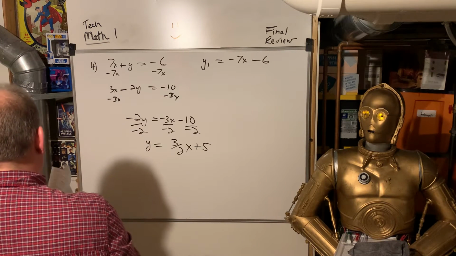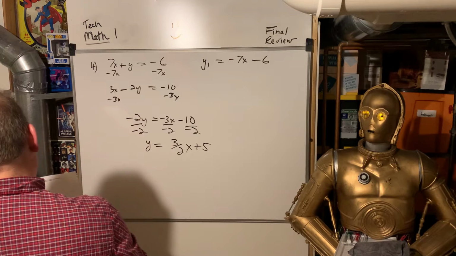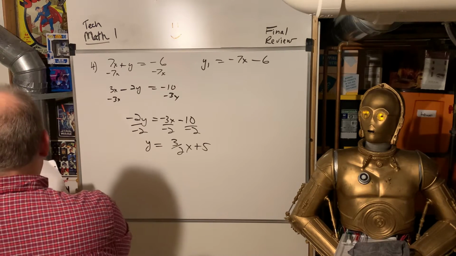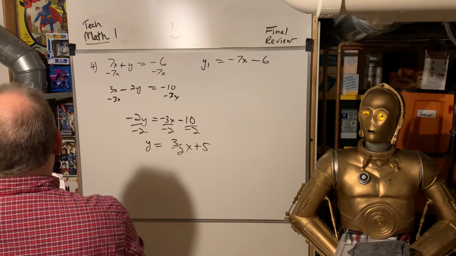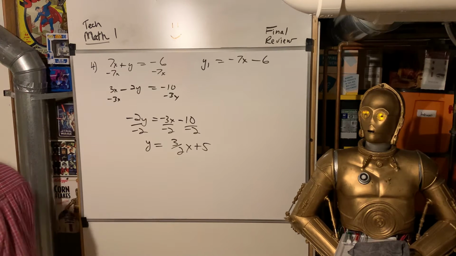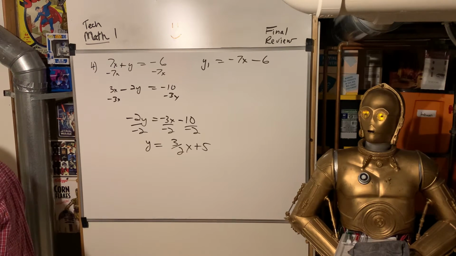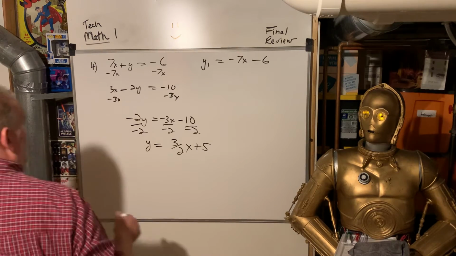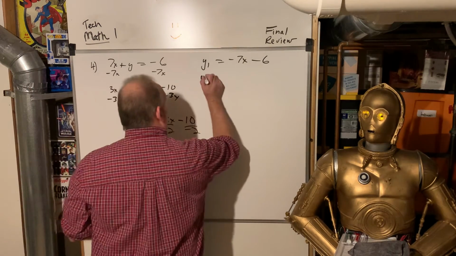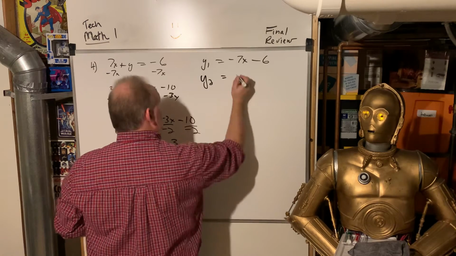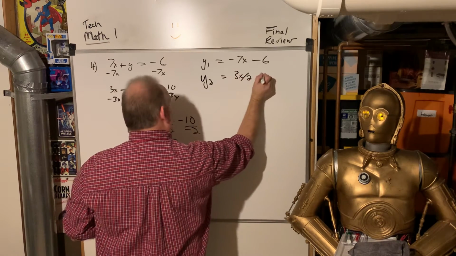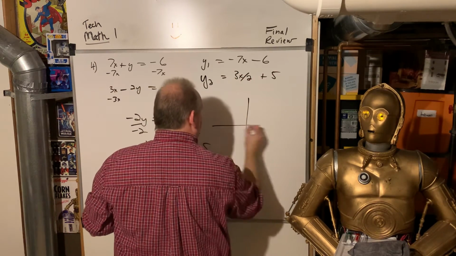Chapter 13 is up there. Oh, I think I have them right. Okay. Anyway, so 2 is 3x over 2 plus 5, and so then we graph it.